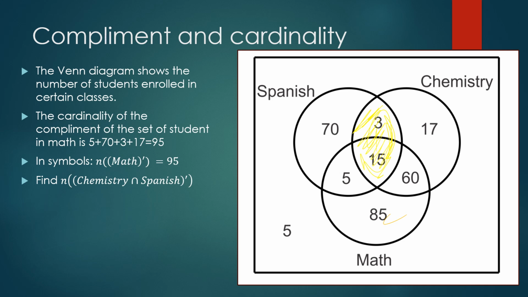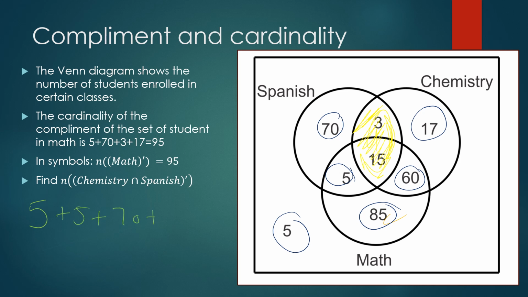Which means we're definitely going to want the 5 out here. This is not part of that set. This is not part of the intersection. This is not part of the intersection. This is not, and this is not. Essentially, we're taking every other section other than the intersection of chemistry and Spanish. So if I want to find the cardinality of the complement of chemistry intersecting Spanish, I'm going to take the 5, and add the other 5, and add the 70, and add the 17, and add the 60, and the 85.